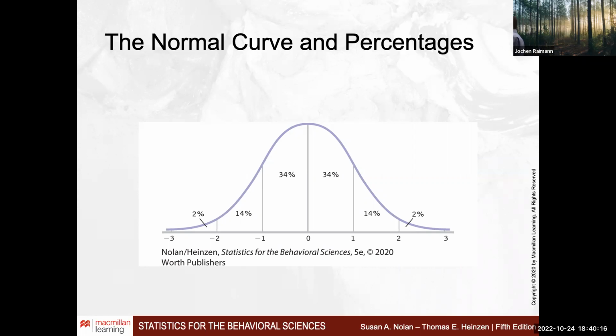The rest, the 2% out here in the tails, is where you get from 2 standard deviations to 3 standard deviations. That basically rounds it up. So within +3 to -3, you capture 99% of all your data, and then the outliers are just distributed all the way out.